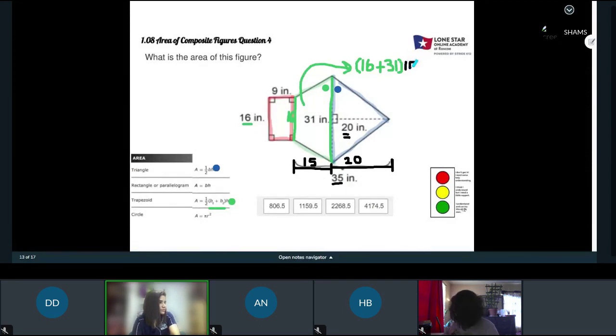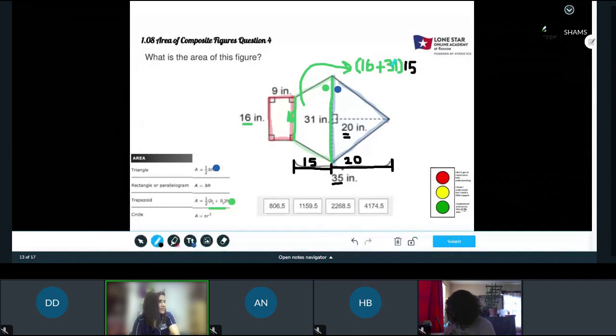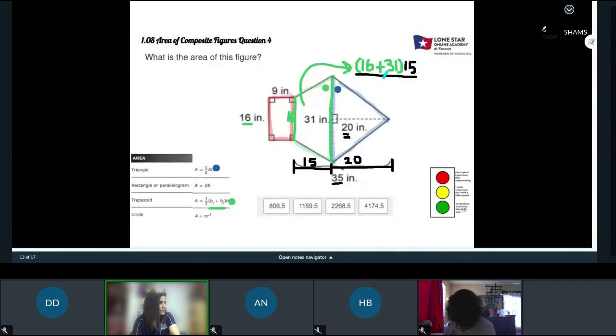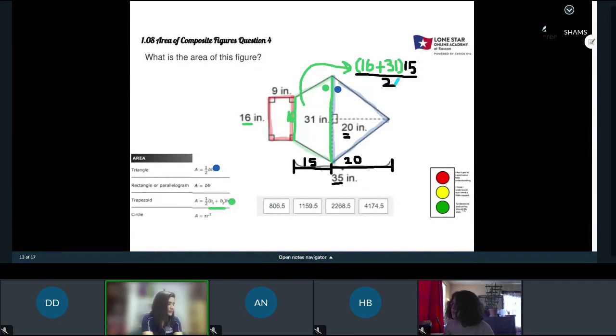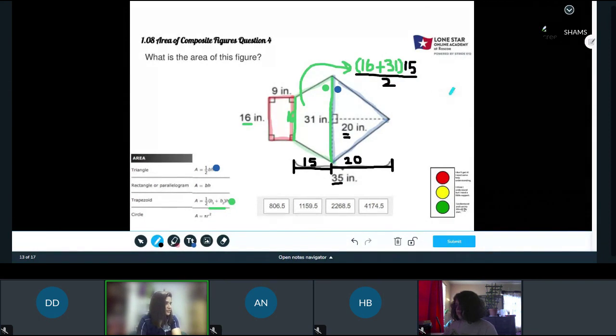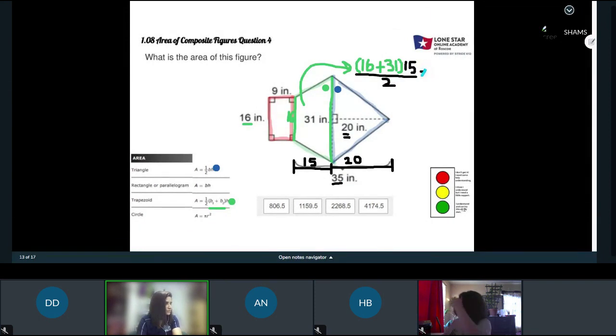So I do 47 times 15 divided by 2. 47 times 15 divided by 2 to find area of the trapezoid. I get an area of 352.2.